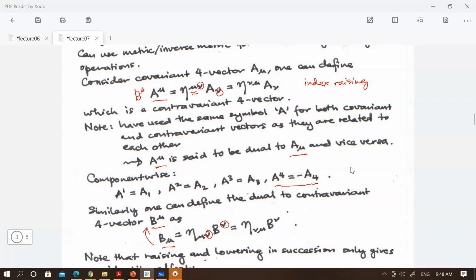So in this particular case, this is index lowering, and how do you lower the index? You use the Minkowski metric.